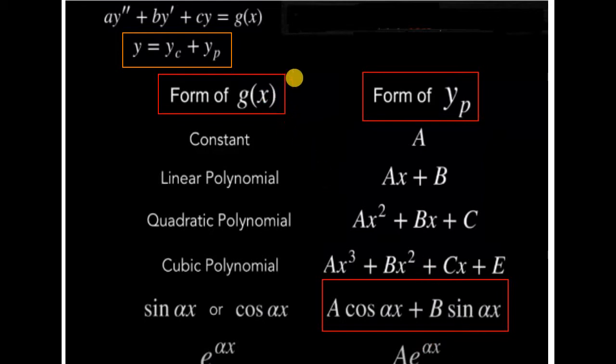So we must remember the two columns. Here we have the forcing function, and here we have the corresponding trial solution. In these trial solutions, our purpose is to determine the unknown constant, that is the undetermined constant.